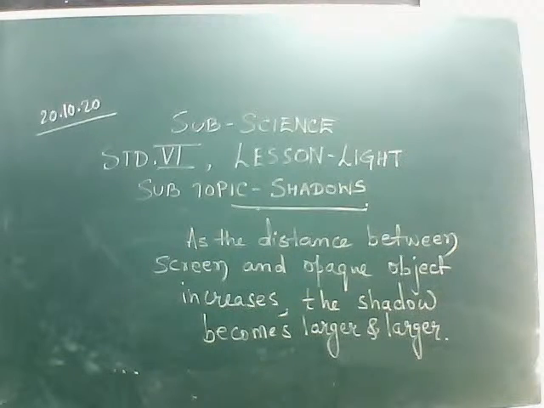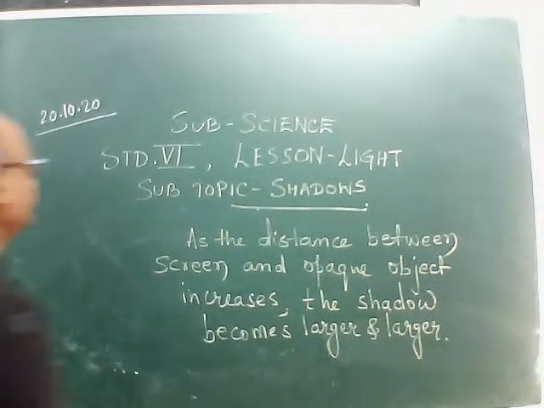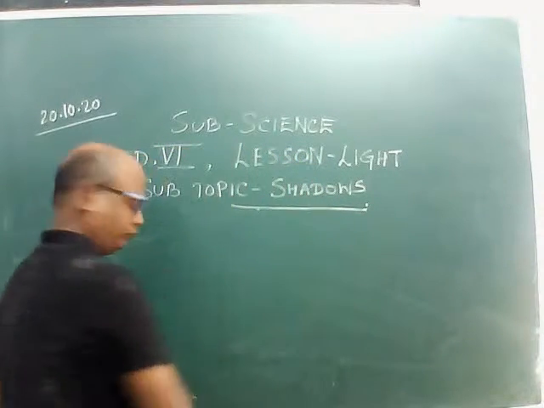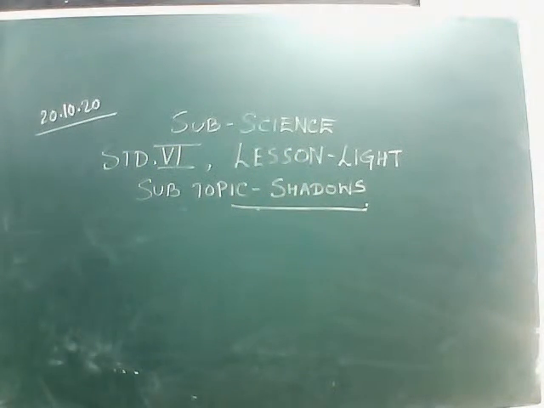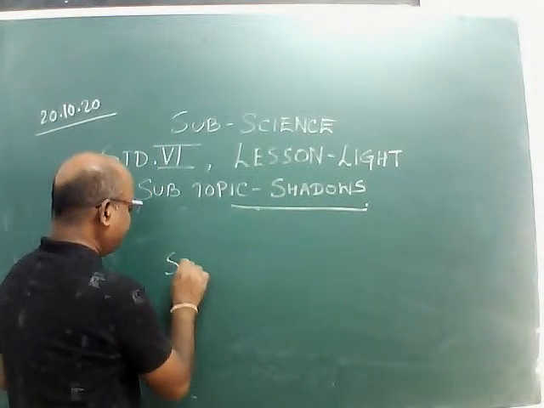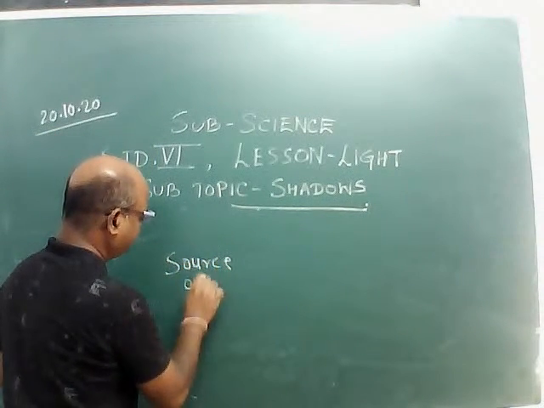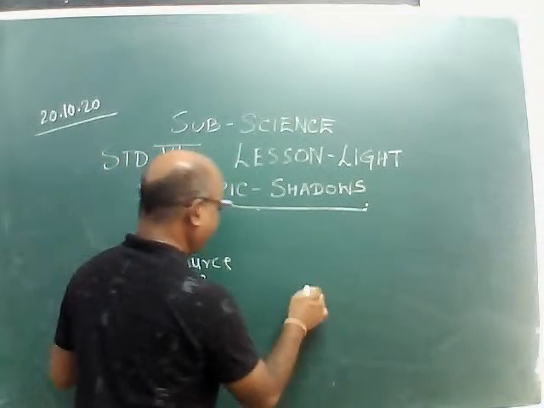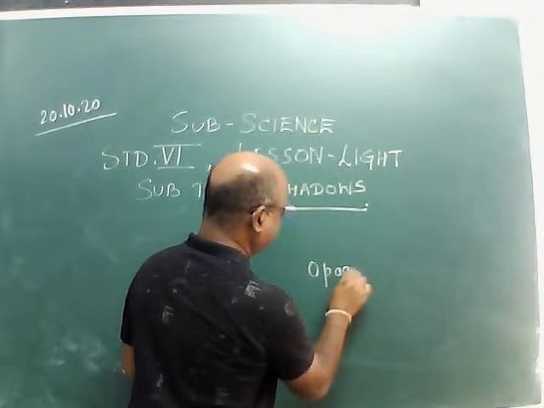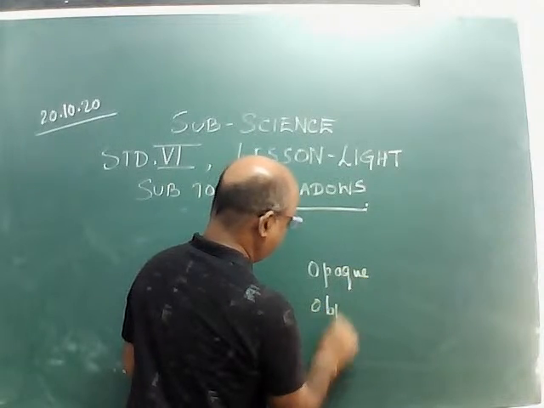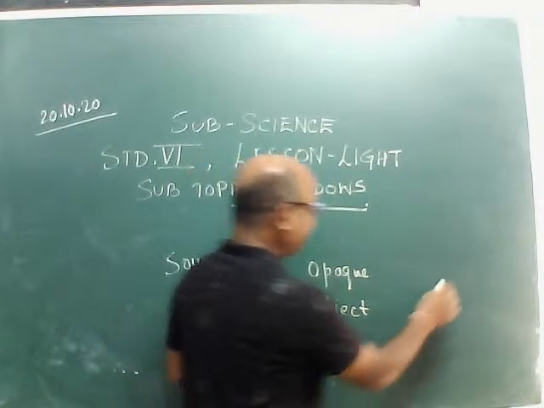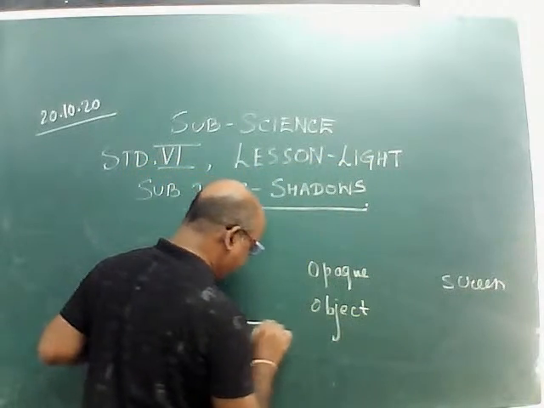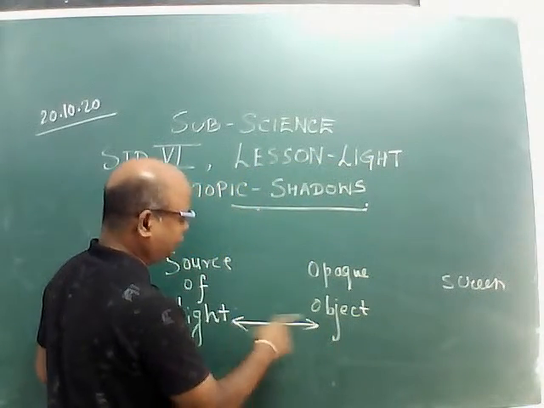Then suppose you take the source of light, then here is the opaque object, and here is the screen. Now you increase the distance between the opaque object and the source of light.